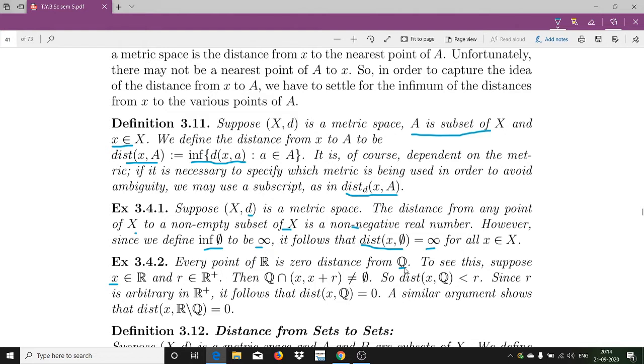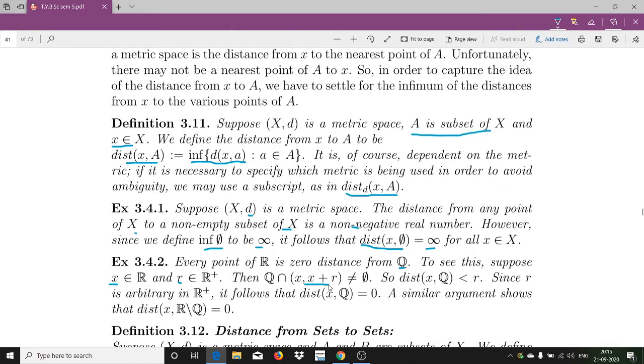Let's prove it. Suppose r is a positive real number, and consider the open interval (x, x + r). Now, every element in this open interval has distance less than r from x.